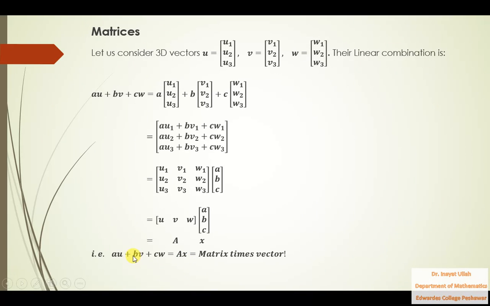So the linear combination of vectors can be written in the form of matrix times vector. Remember that. In this case, we say that this A matrix acts on a vector x. Whenever a matrix acts on a vector, that will definitely be the linear combination of those vectors.